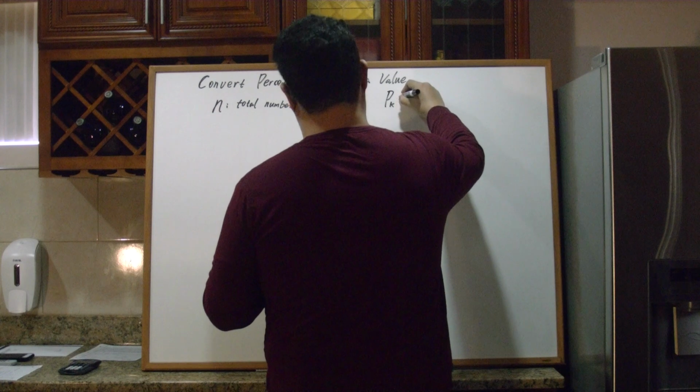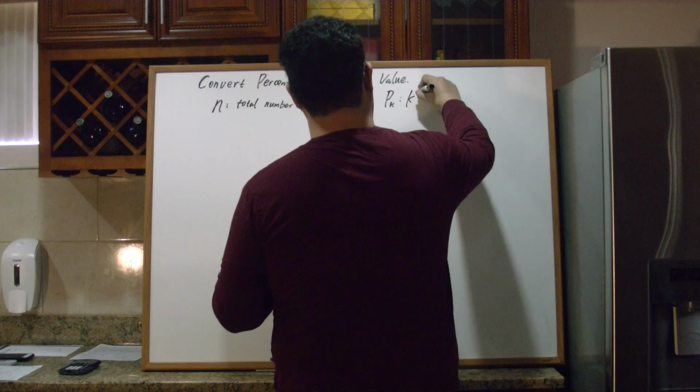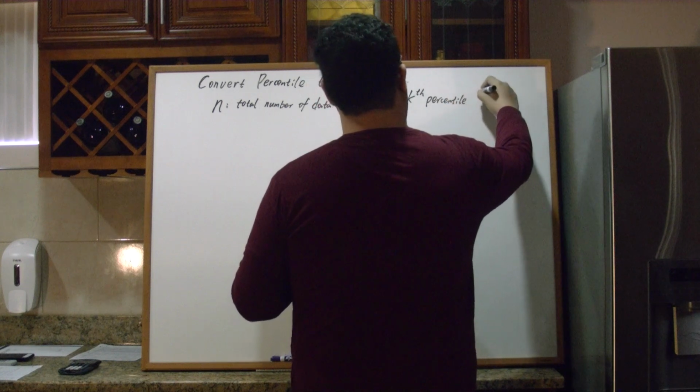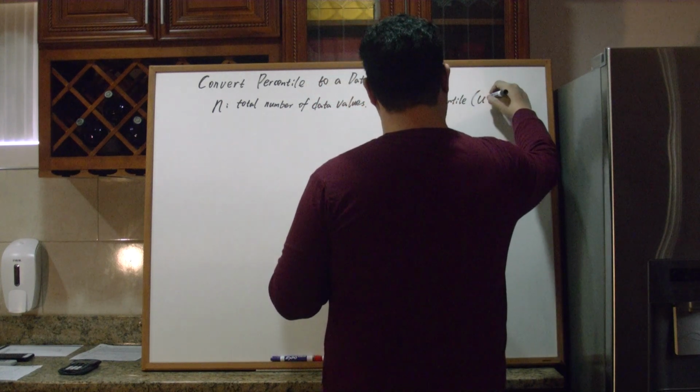P of k, as we said in the notation before, is the k-th percentile. We use k to locate.